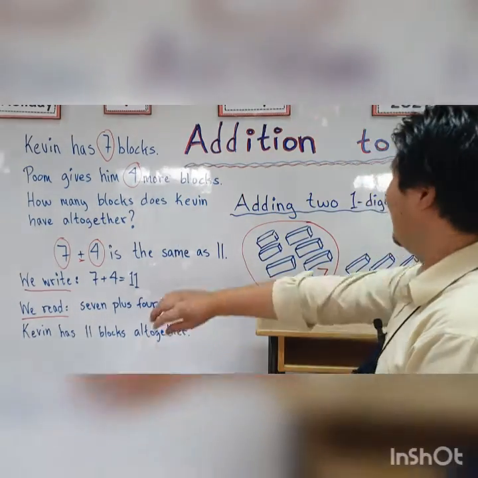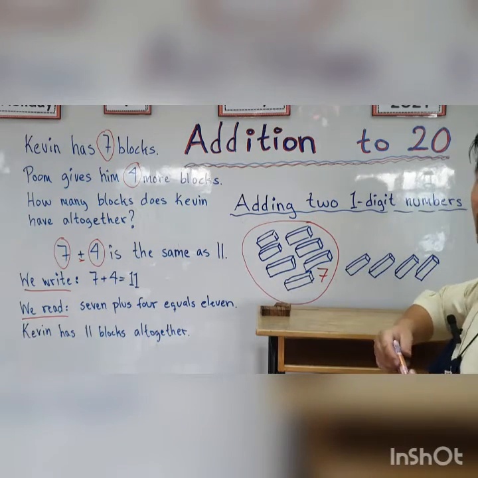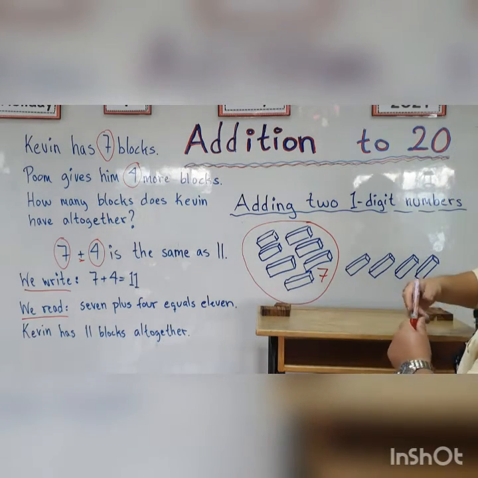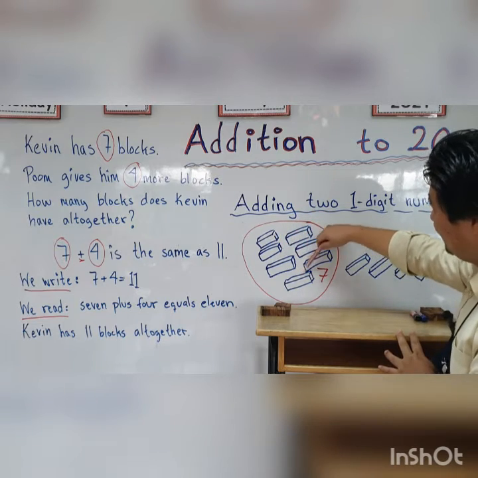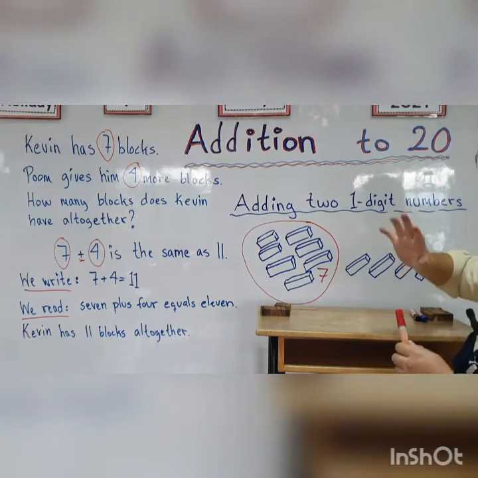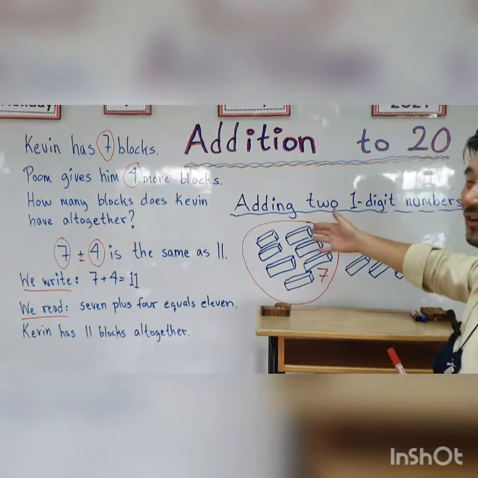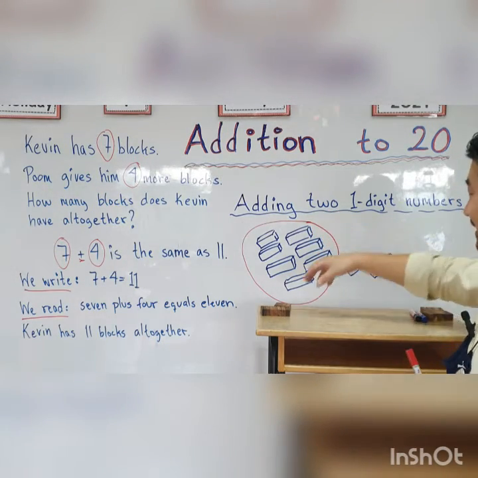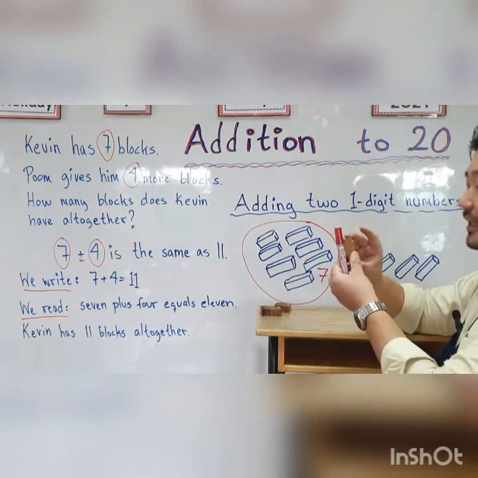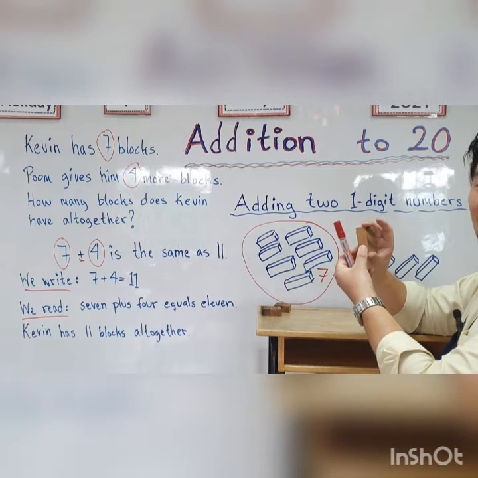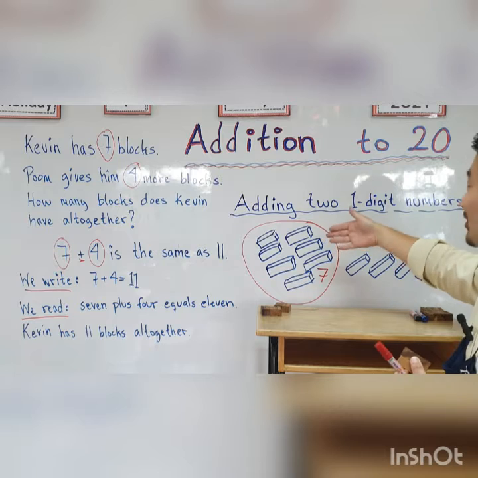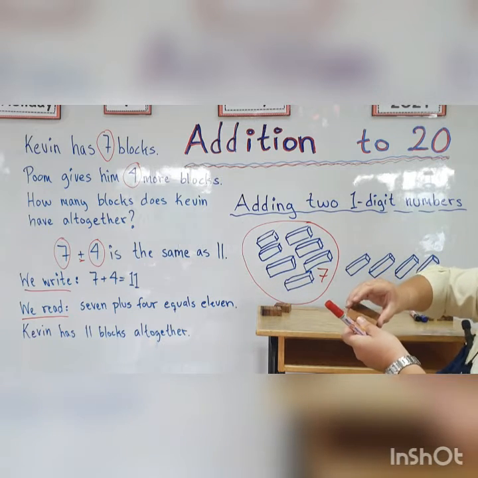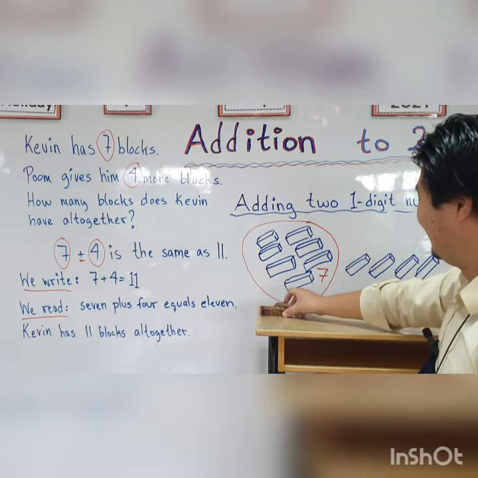Okay, and now we count on. So you see 7 blocks here. 1, 2, 3, 4, 5, 6, 7. I know they are not the same size, but the real blocks are exactly the same size. But I'm not very good at drawing, so that's why my blocks are not the same size.